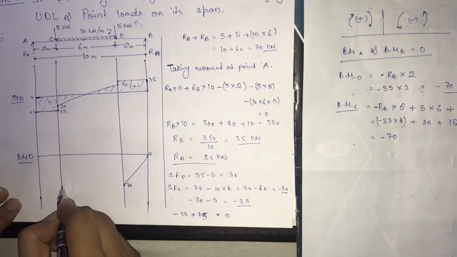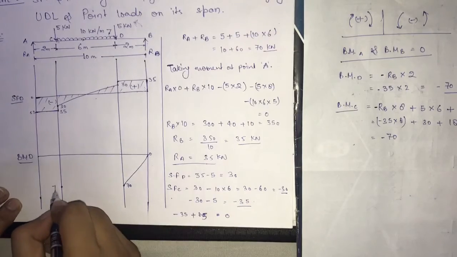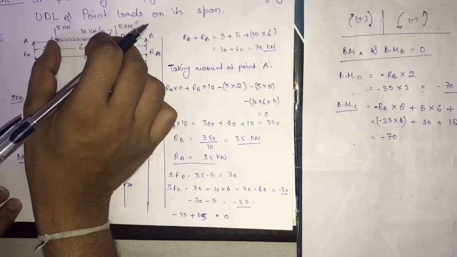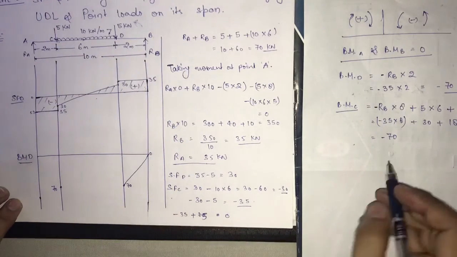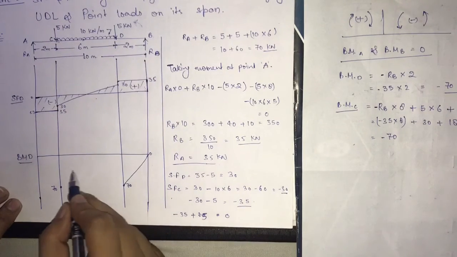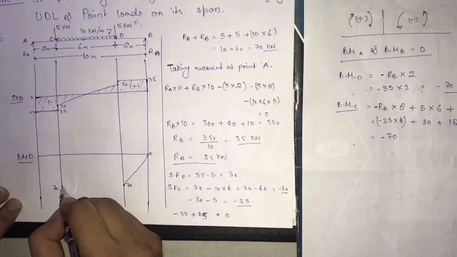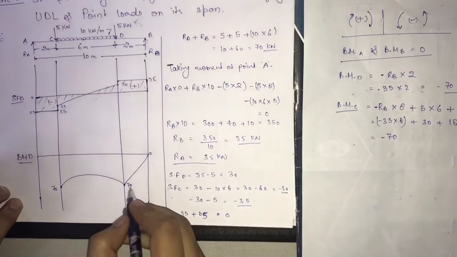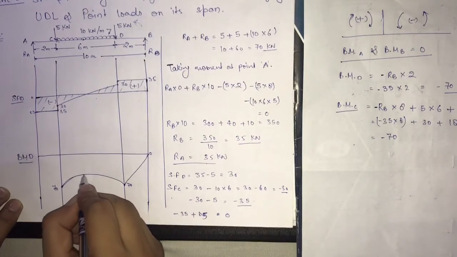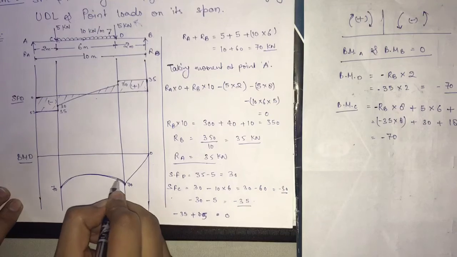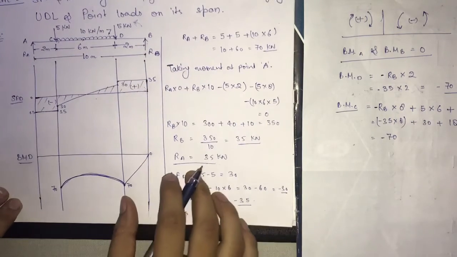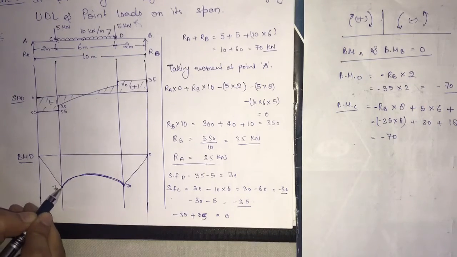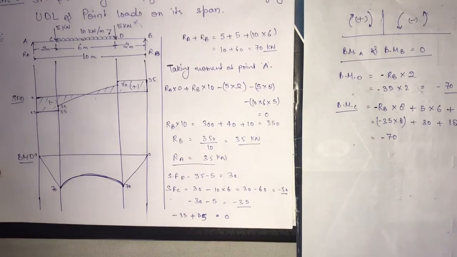As we can see here, this value is also minus 70, but the UDL is acting on this span, so this bending moment diagram will go parabolically, like this, and from this point it will also go linearly, straight up to point 0.